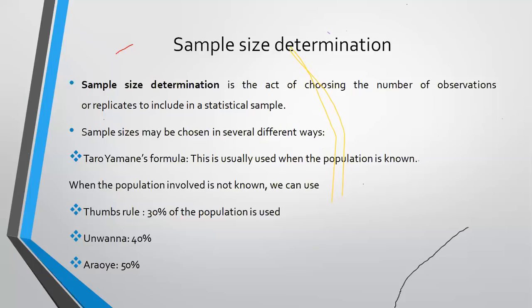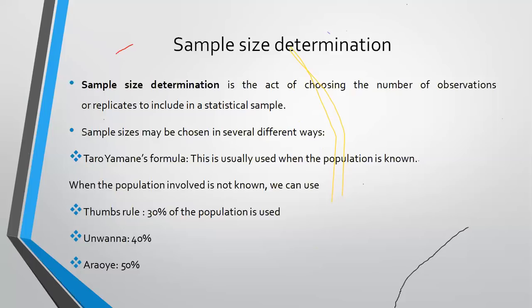But when you don't know the exact number of the population involved, you can use either Tom's rule, you can use Unwana's rule, you can use Arauye's rule. What does this mean? Tom's rule means what is universally acceptable by all researchers. It means you use 30% of the population involved.